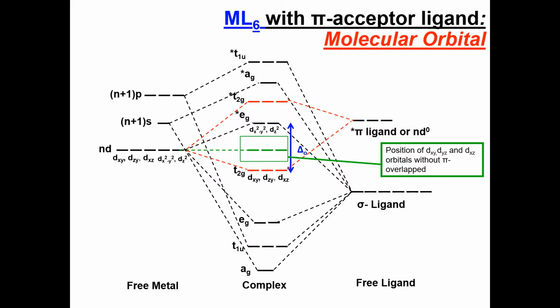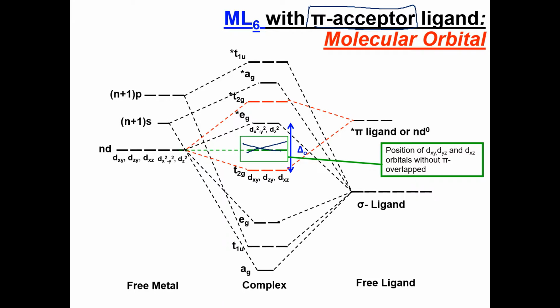Okay, now let's look at the pi acceptor arrangement. As I mentioned before, you no longer have this non-bonding orbital.